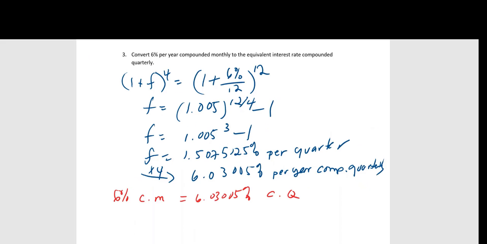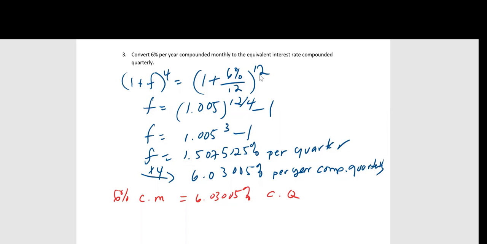Example 3. Convert 6% per year compounded monthly to the equivalent interest rate compounded quarterly. If we use our $1 for 1 year first principles, it's $1 times (1 plus F) to the power of 4, because we are looking for our target of compounded quarterly. This is equal to 1 plus 6% divided by 12, since we are converting 6% compounded monthly, to the power of 12.